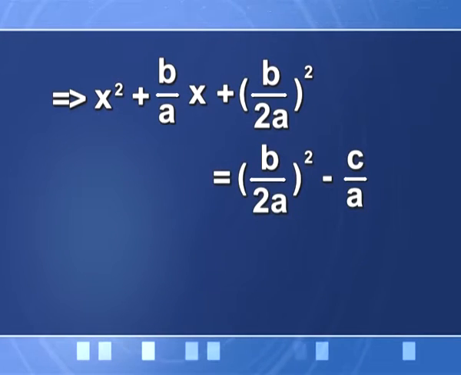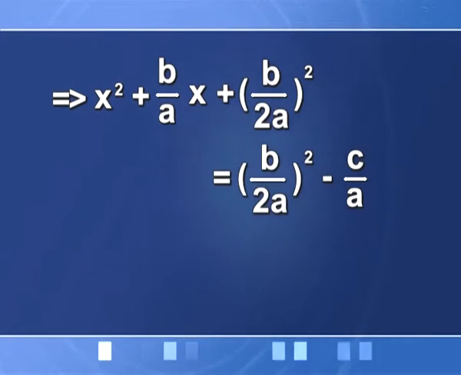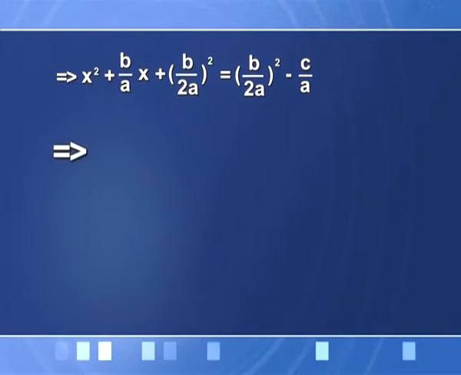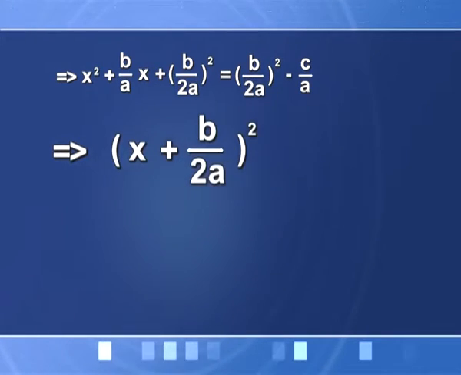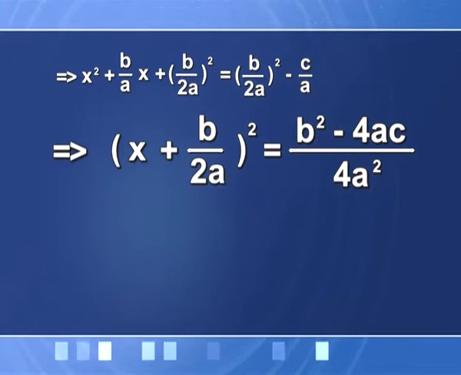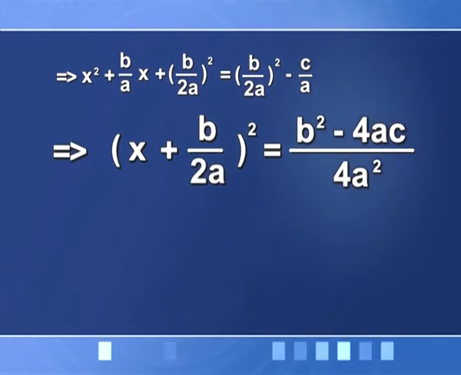So, I add (b/2a)² on the left hand side and (b/2a)² on the right hand side, which gives me on the left hand side (x + b/2a)², and on the right hand side I get (b² - 4ac)/4a². So, I get a relation between the term of x equated to a constant. Remember, a, b, c are all constants.